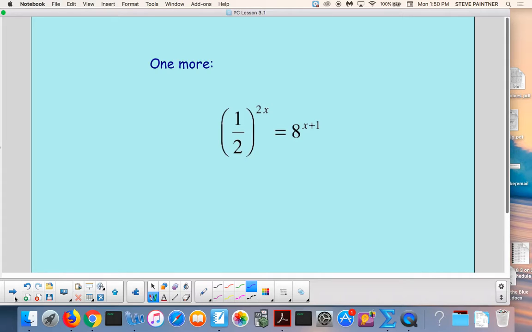You went 1/2 to the 2x equals what? 8 to the negative third is 1/8 to the third, which is 512. 1/512 equals what? Nope, doesn't equal 1/2. See, that's why this one's hard. So close. Microscopic.